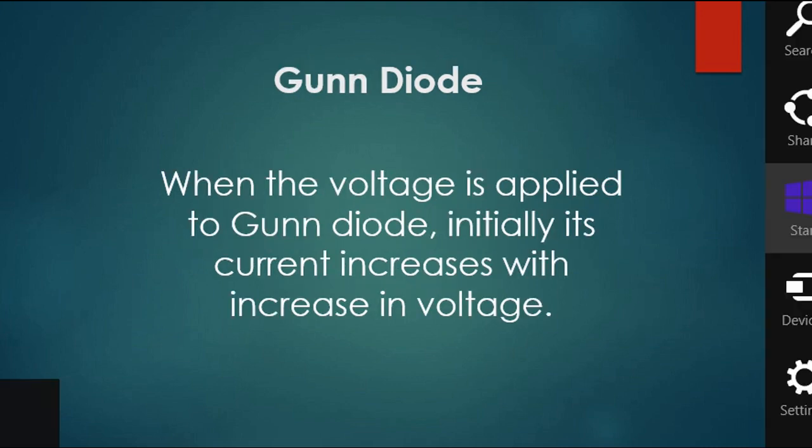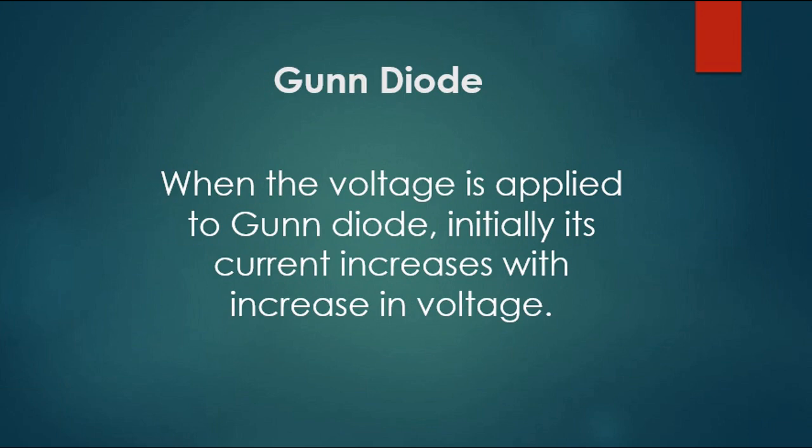Now, this is when voltage is applied to the Gunn diode. Initially, its current increases with increase in voltage. When voltage is applied to that N-type material, being the Gunn diode, initially the current increases with increase in voltage.